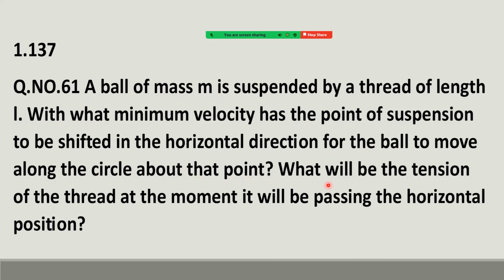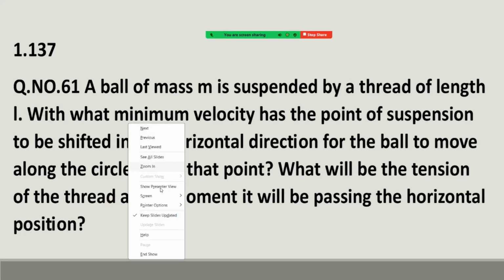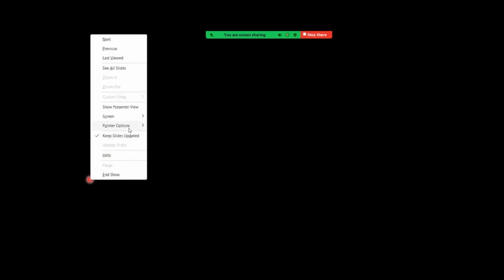What will be the tension of the thread at the moment it will be passing the horizontal position? In fact, the question is very simple, it's just a matter of one step. Let us see carefully.